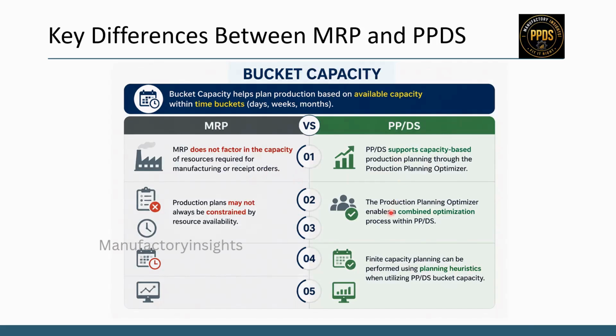Although production plans may not always be limited by resource availability, the production planning optimizer facilitates a combined optimization process with PPDS. Furthermore, by utilizing PPDS bucket capacity, finite capacity planning can be achieved using planning heuristics.